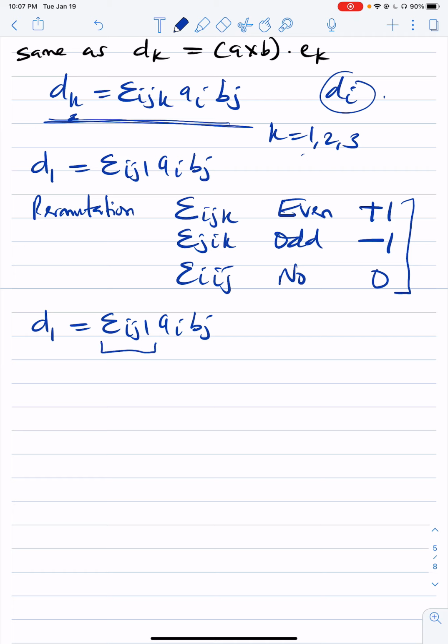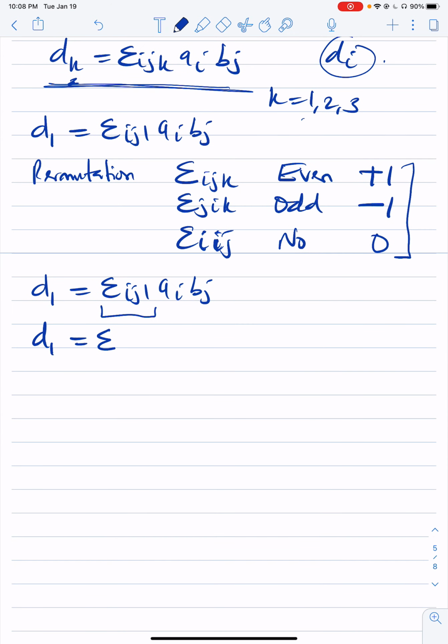Any permutation that has to double up, like double i, will give you a 0. But if the order is wrong, it gives you negative. If it's correct, it gives you +1. So if you look at this, d1 equals e231 a2b3 plus e321 a3b2.